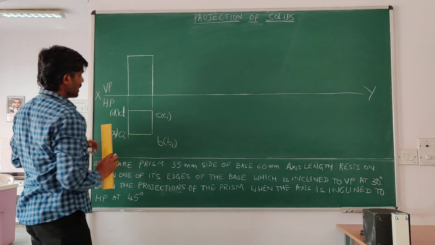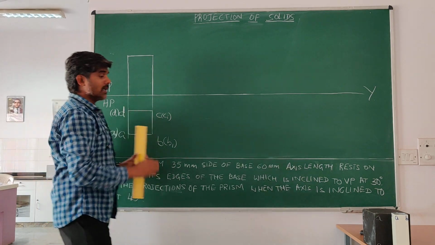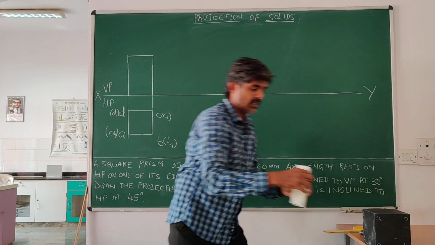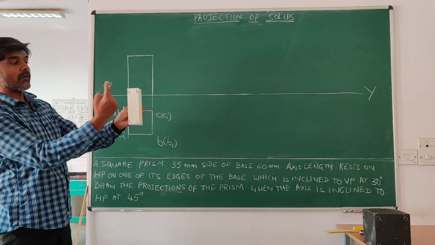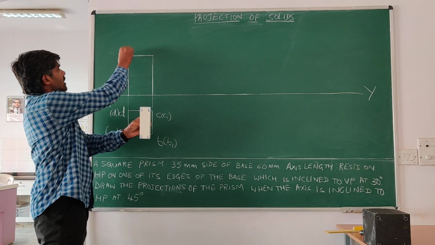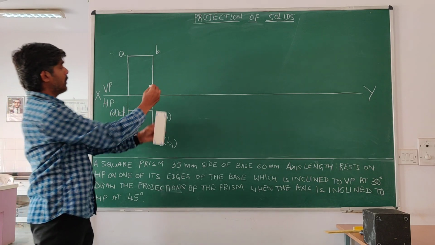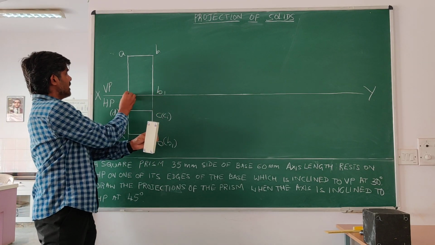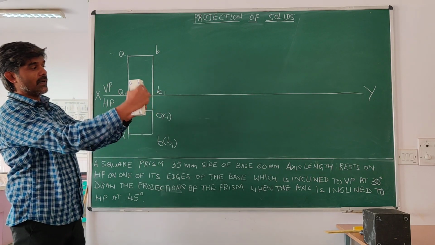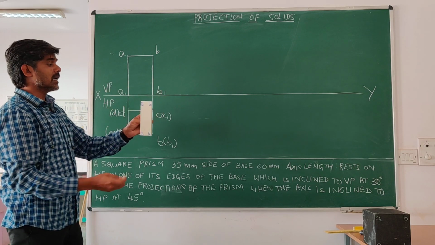Then I will join now. What are the names? When we see from here, we can see A here, B here, B1, and A1. So the face seen is A, B, B1, A1.